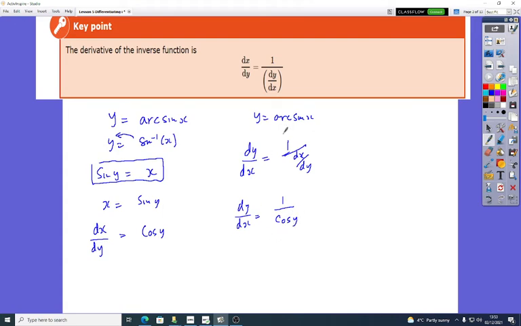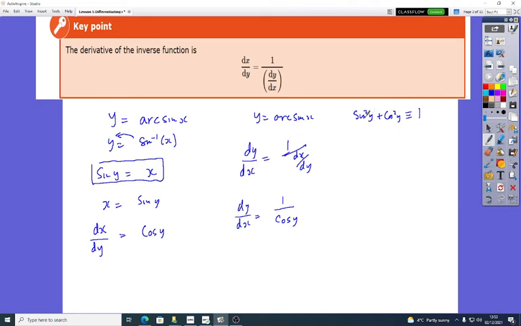Now, I've done dy dx, but it's in terms of y. So I need to put it in terms of x. So how do I put that in? I know from my identity that sine squared y plus cos squared y is identical to 1. Furthermore, I also know that sine y is x.